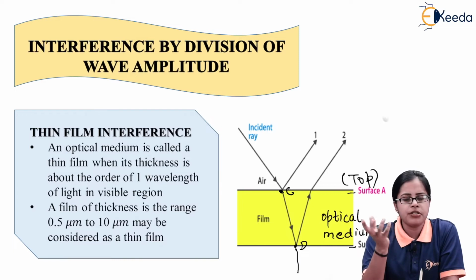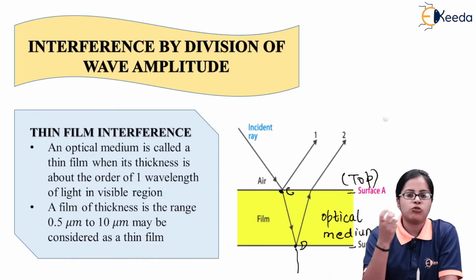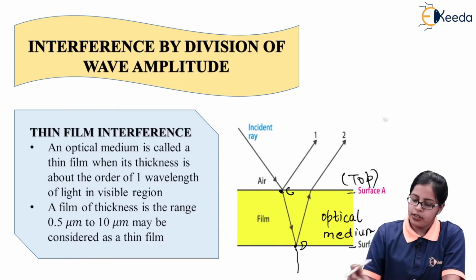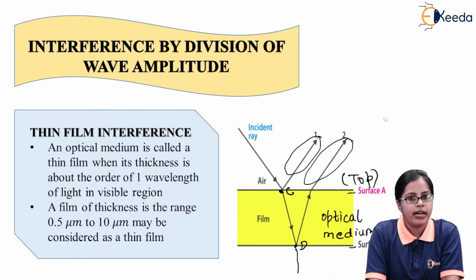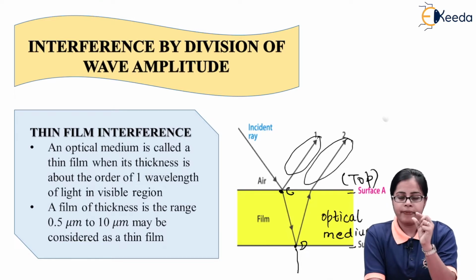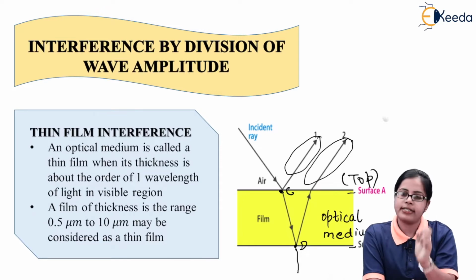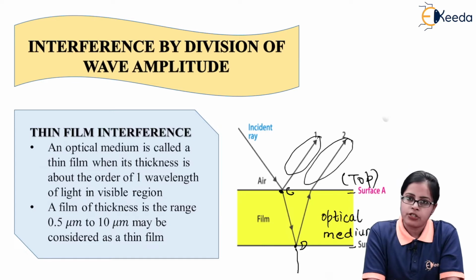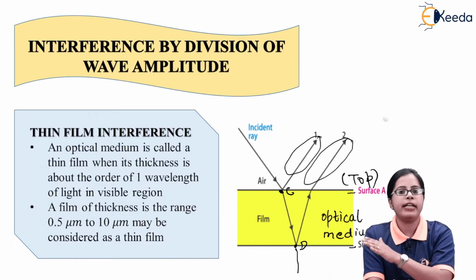So if the intensity of the reflected light goes on decreasing, we are not going to consider the reflected light which is obtained later on. To get a very good intensity for the interference, we consider only the first two reflected rays, 1 and 2, because first of all, a small part of the incident ray is getting reflected, so already the intensity is less, and as we keep on moving forward, the intensity of reflected light will go on decreasing.